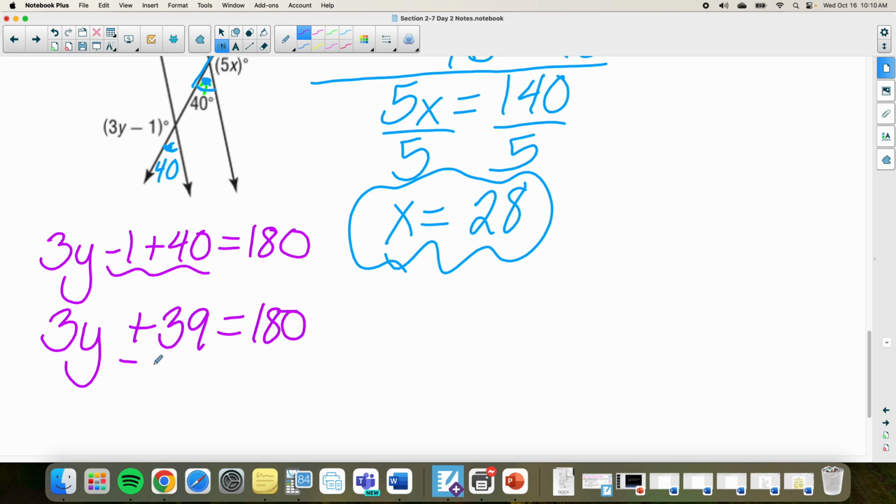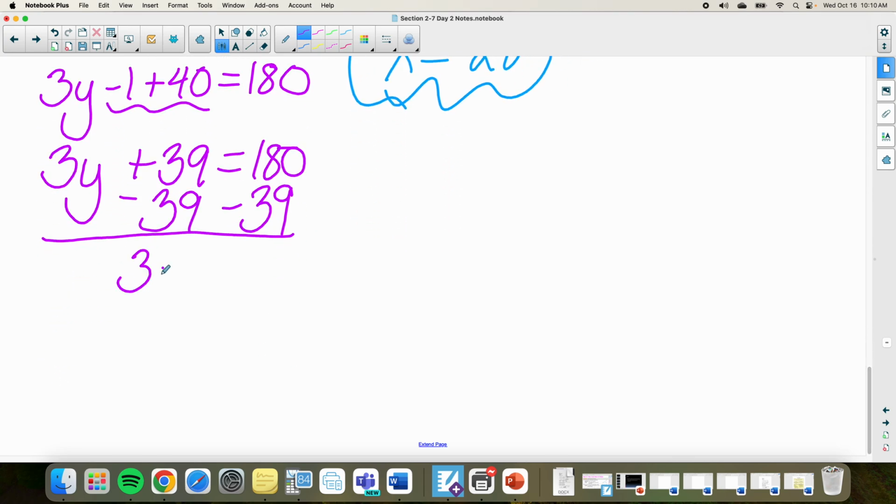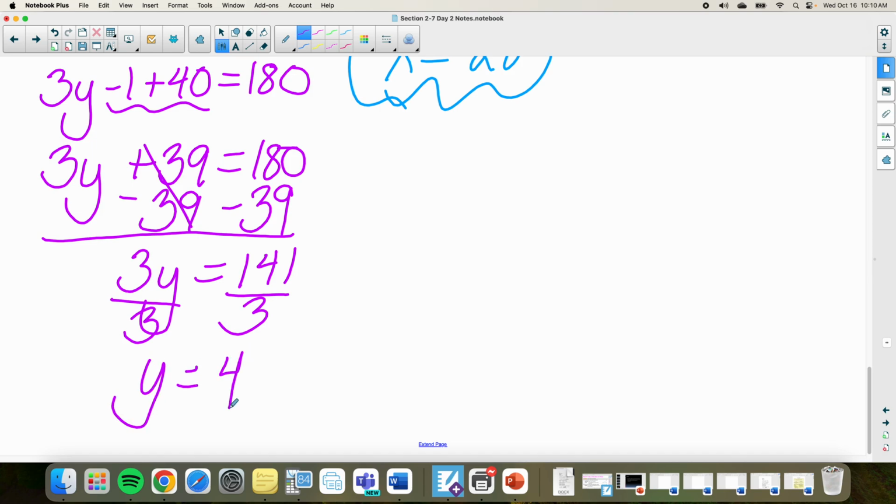Then I'm going to subtract 39, and I get that 3y equals 180 minus 39, which is 141. Then I'm going to divide by 3, and y is 47.